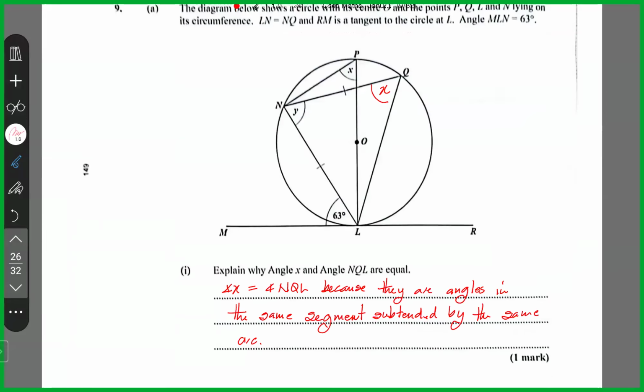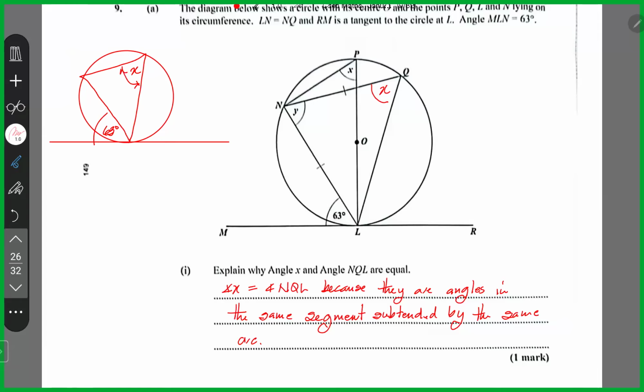Now, to answer that, I'm going to use this theorem. If the angle here is X, and the angle here is 63 degrees, the angle X is equal to 63 degrees.